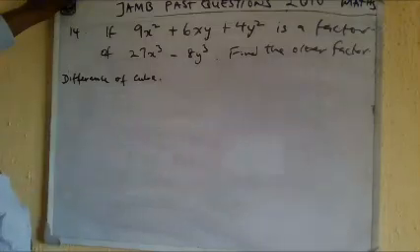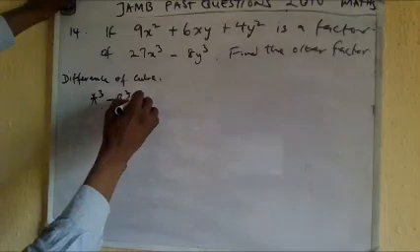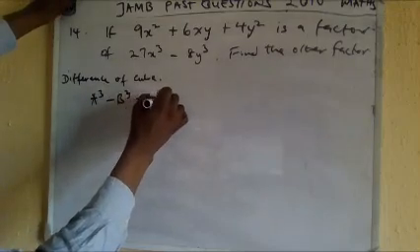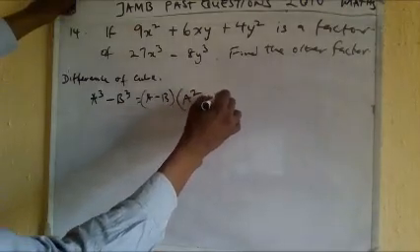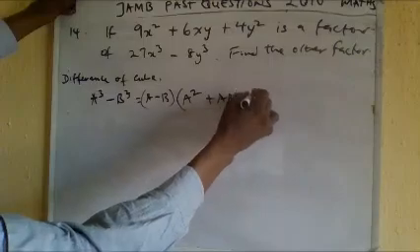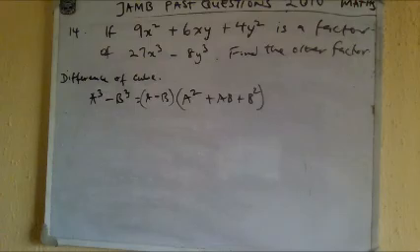If I have a cubed minus b cubed, it's the same thing as saying a minus b, into a squared plus ab plus b squared. So this is just like a formula.